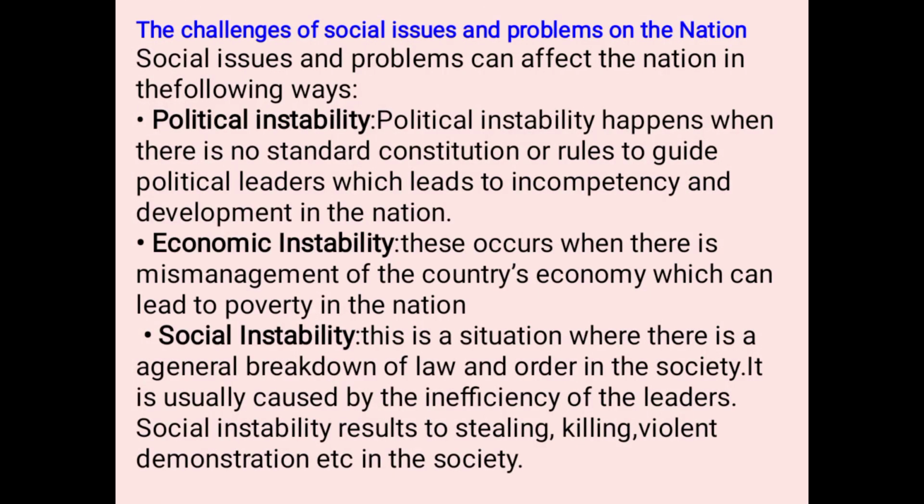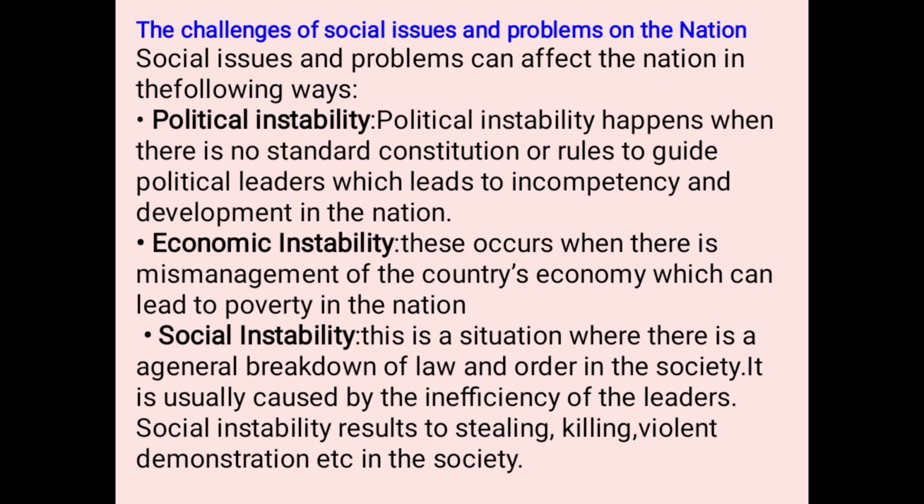And these challenges to the society or nation can be as a result of political instability. It happens when there is no standard constitution or rules to guide political leaders, which leads to incompetency and underdevelopment in the nation.